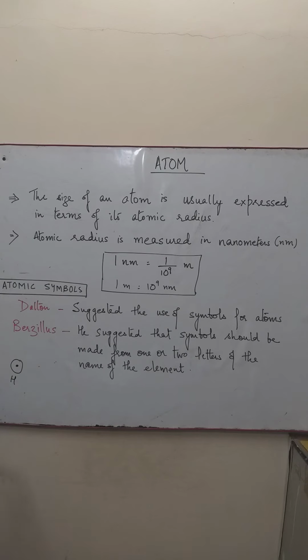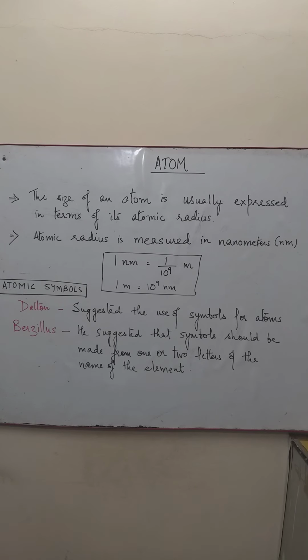Oxygen was represented like this, and phosphorus was represented as this. So for those around 30 known elements, the symbols were decided. These were pictorial symbols and were used at that particular time.